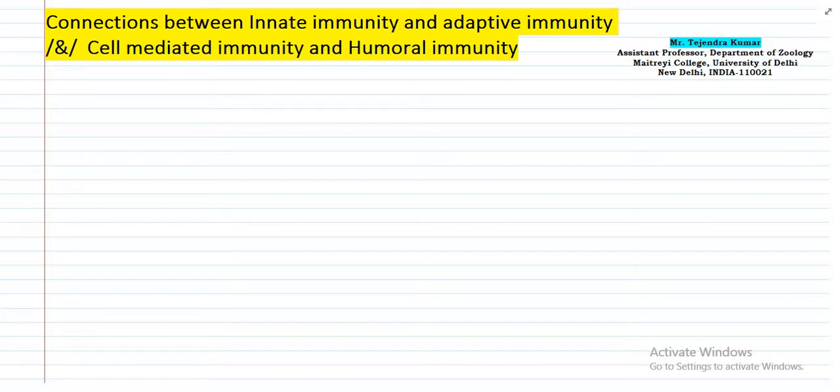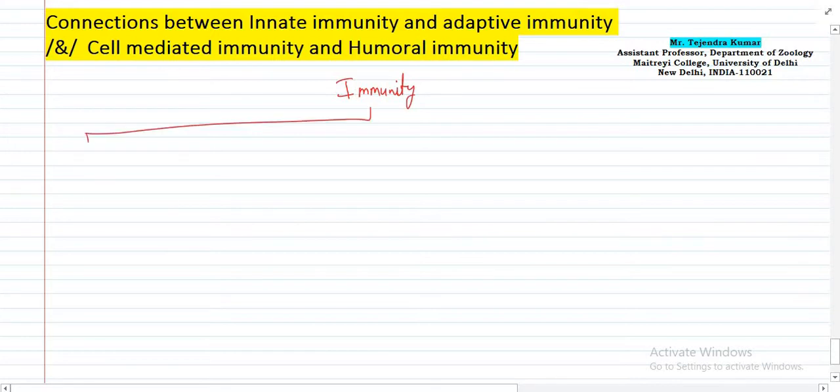As we discussed in previous videos, we classified immunity into two parts: innate immunity and acquired immunity.